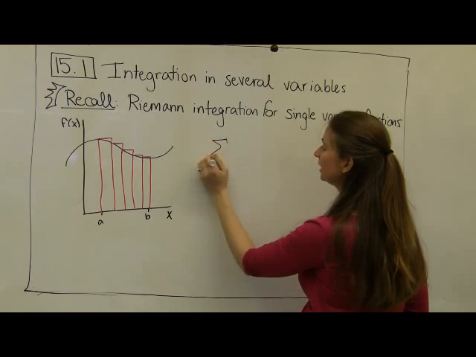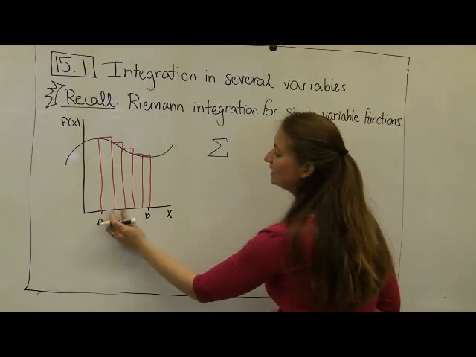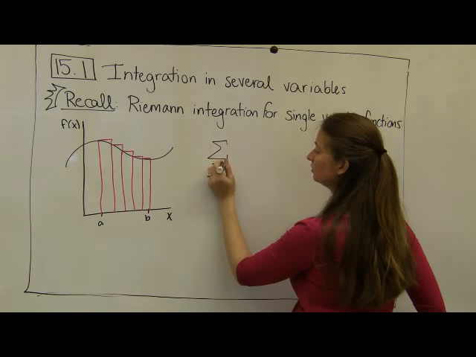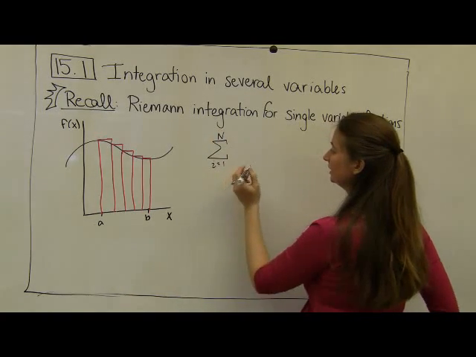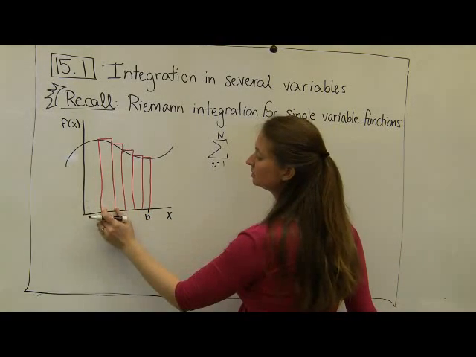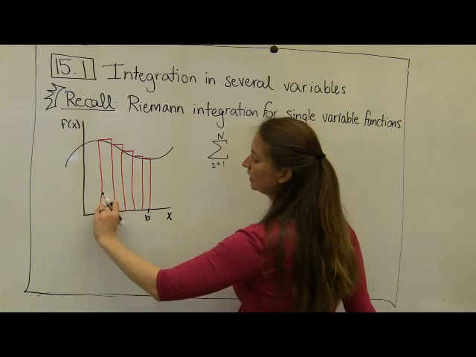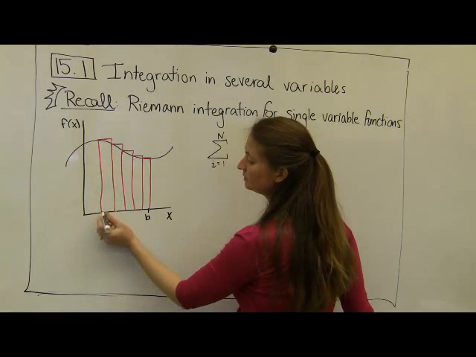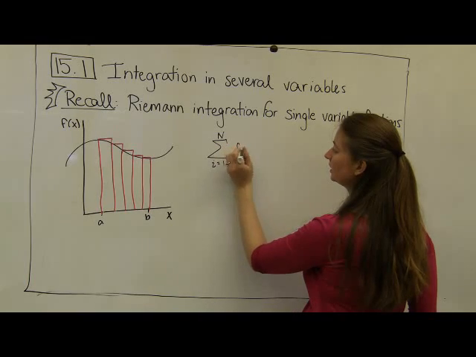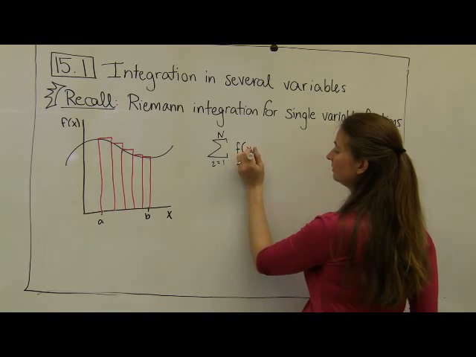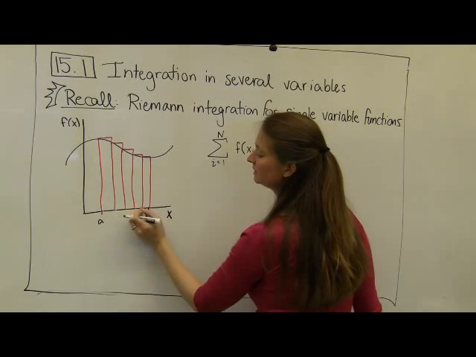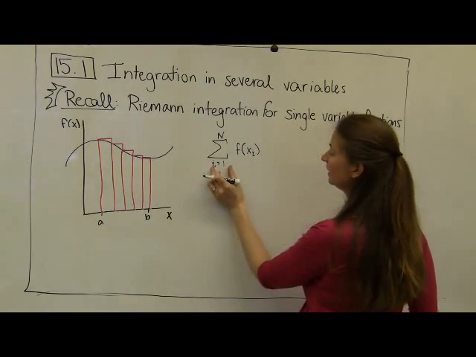So here I'm summing over n regions. So my i is going to go from 1 to n of, well, what is each of these regions? Each of these regions are rectangles where the height is going to be given by whatever the left endpoint is. And so I'm going to plug in f of x sub i, meaning that these x sub i's increment up as I change my i value.